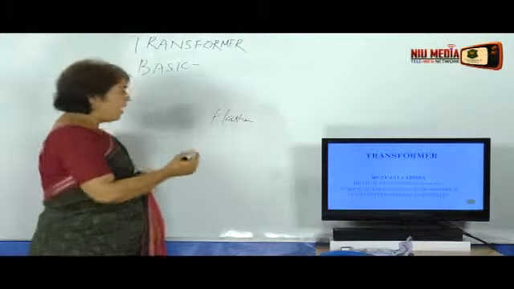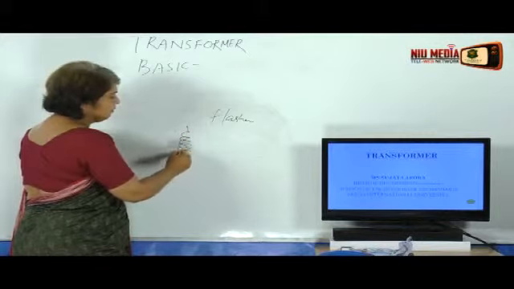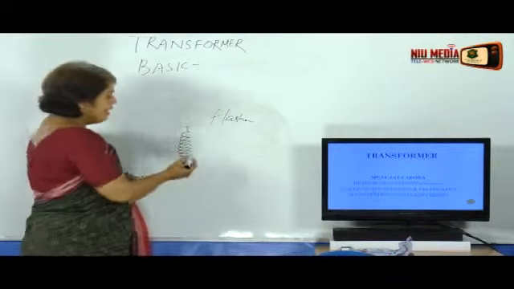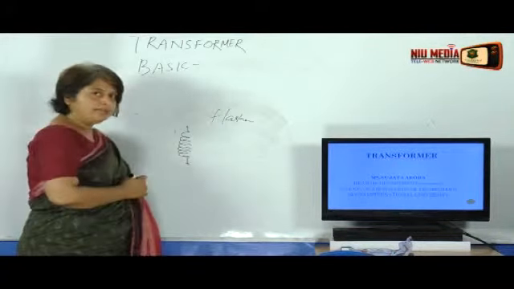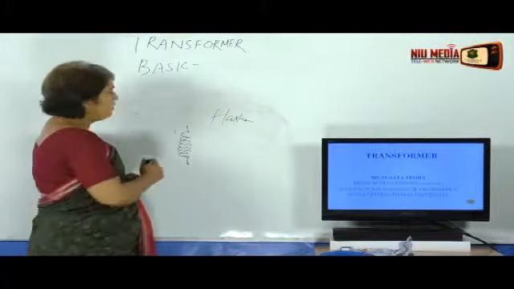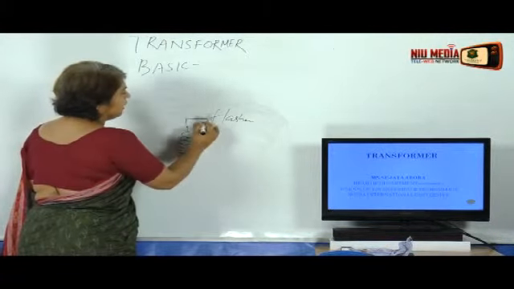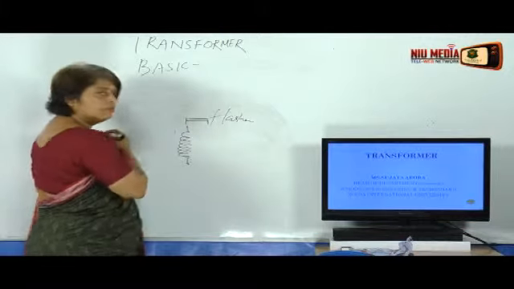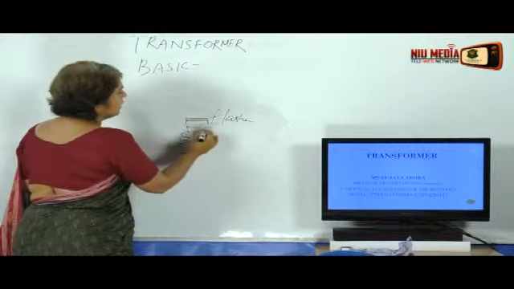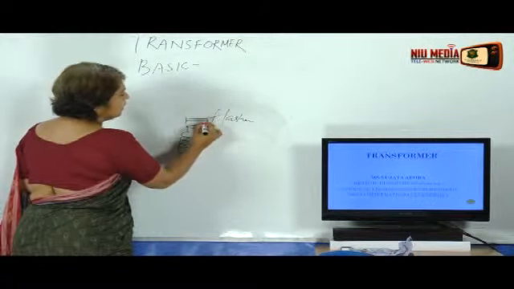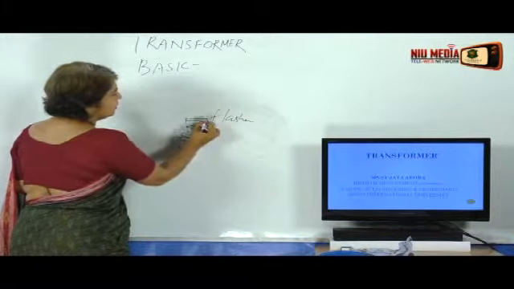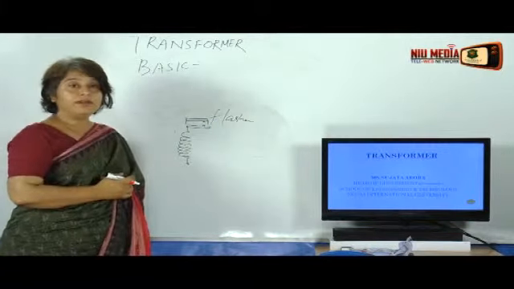What does it have? It has a simple coil through which electrical energy is passed. On this there is a plate of copper, on the lower side is the base, and here are copper studs, because copper has good conductivity.